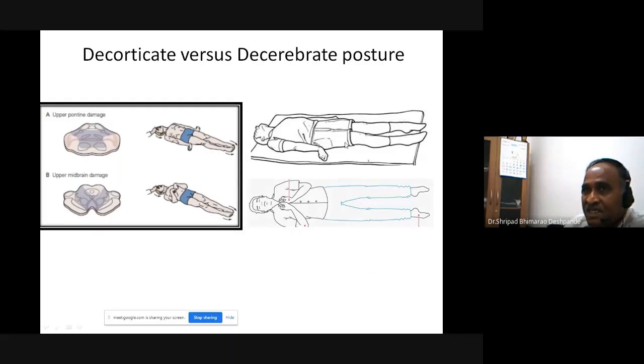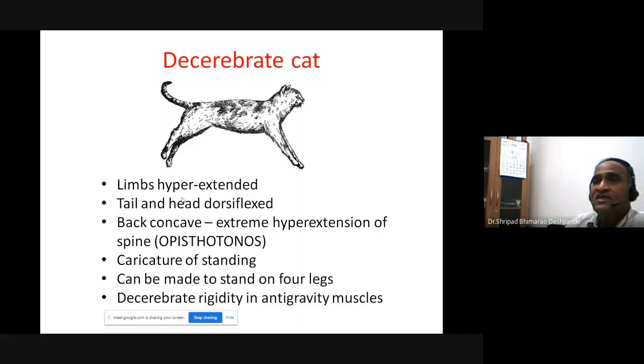But in comparison to that, we have the decorticate preparations. You have upper extremity flexion and lower extremity extension. The neck is also a little bit extended, but not as much. You can see that neck in that individual here also. Now going back, in decerebrate cats, what are the things to be seen?